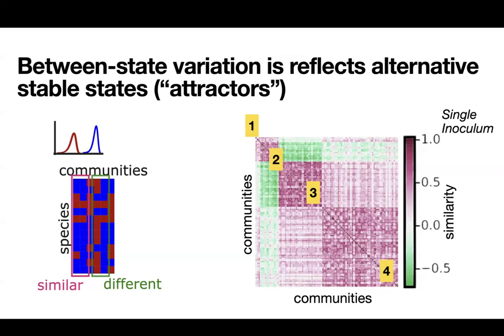There is another question. If there are several stable states for a community, could that mean that in theory there could be a trimodal distribution of abundances? What is preventing this? This is a very good question. In principle, this is what we were expecting. If there are more than two alternative stable states, I would have expected more than two peaks, each alternative stable state corresponding to a different peak.